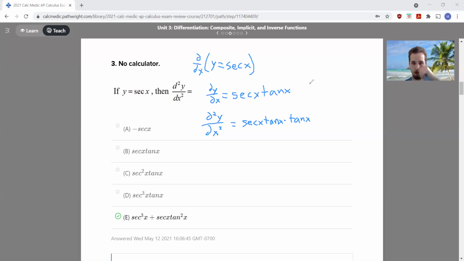Actually, I should write this out. So let's say f of x is equal to secant, g of x is equal to tangent.